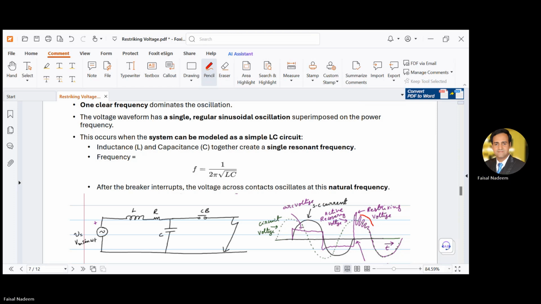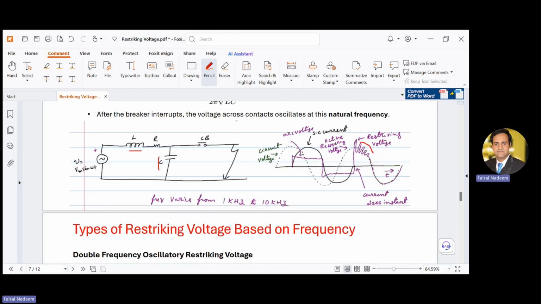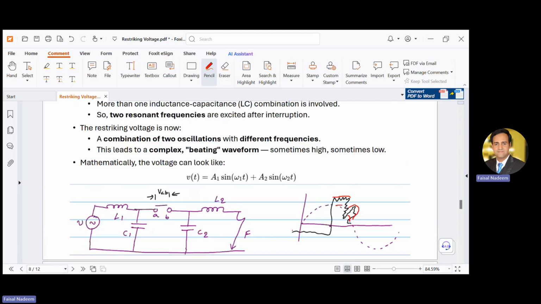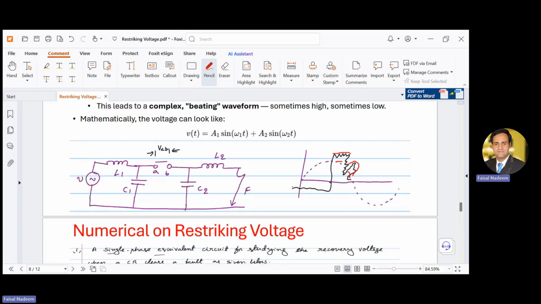If we have a single source, for example a single resonant frequency using a single L and C circuit, then we have a single type of frequency, one clear frequency, and that is the single frequency oscillatory restriking voltage. Similarly, in the double frequency case, we have one circuit L1 C1, and another circuit L2 C2.